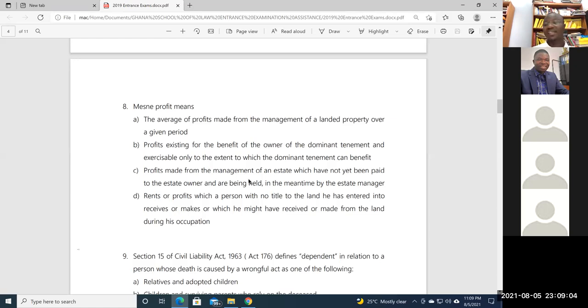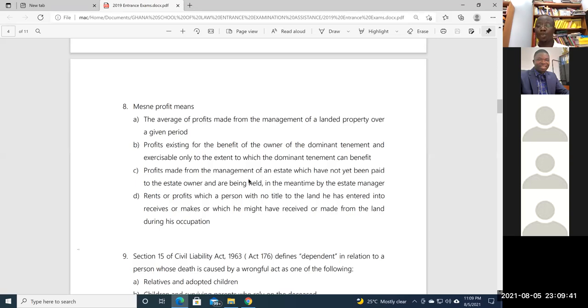That is why I also mentioned the example of the statutory tenant. Remember statutory tenant from your landlord and tenant law. Someone whose tenancy has come to an end, or who under the tenancy is not supposed to be in possession, but the law says he should remain in possession until he has been ordered to yield possession by the court.